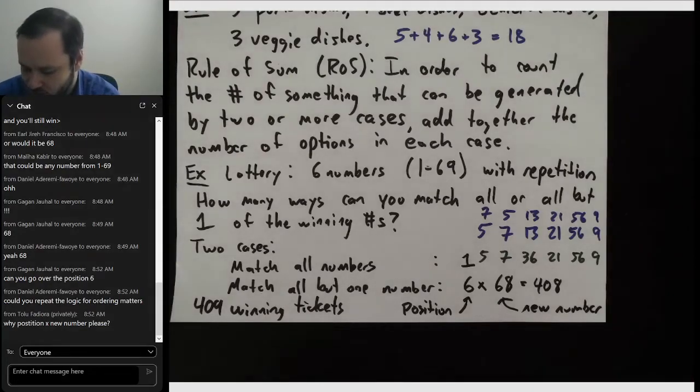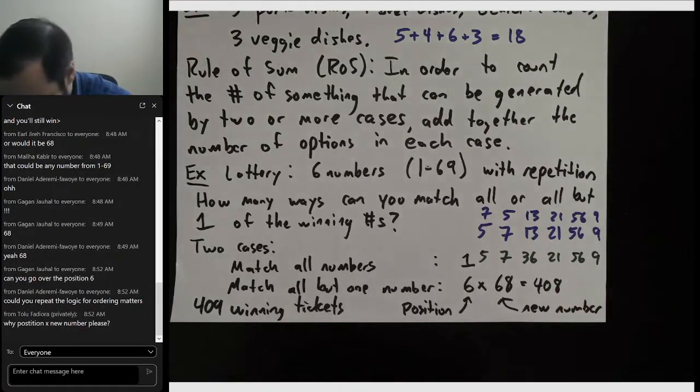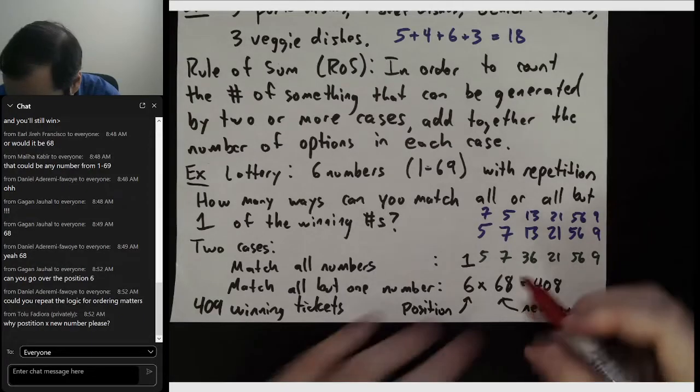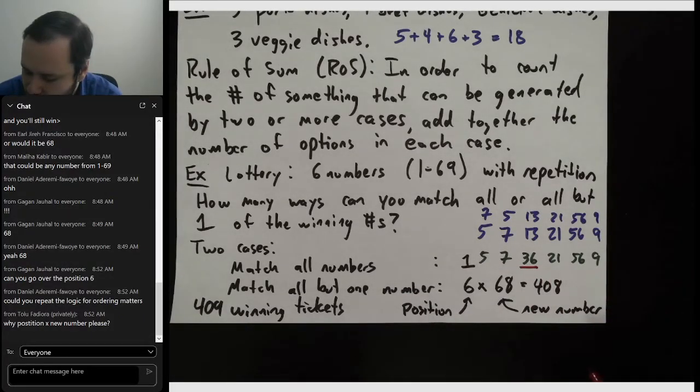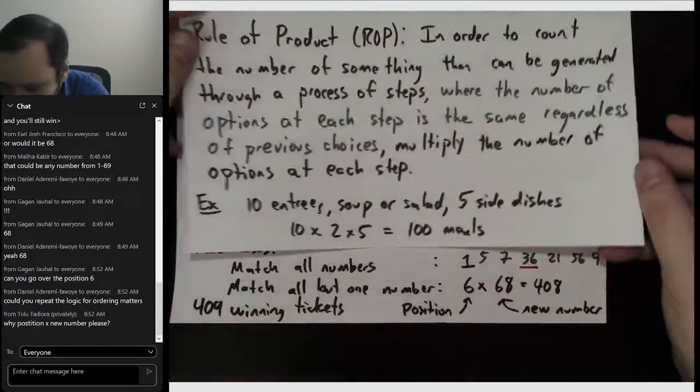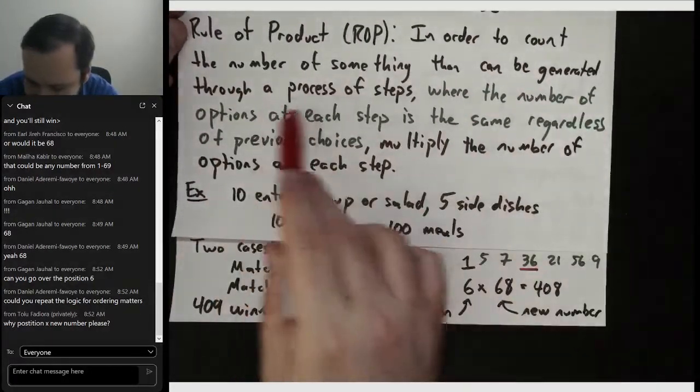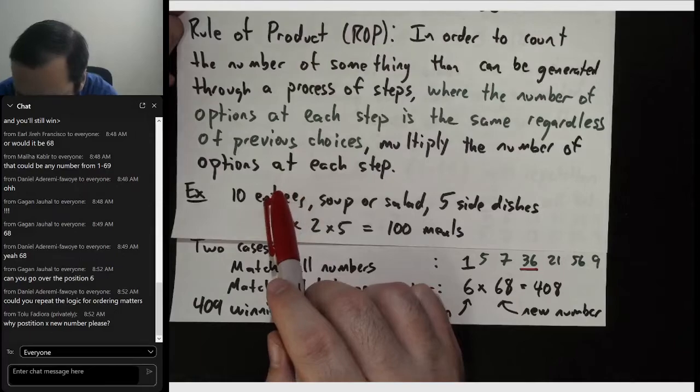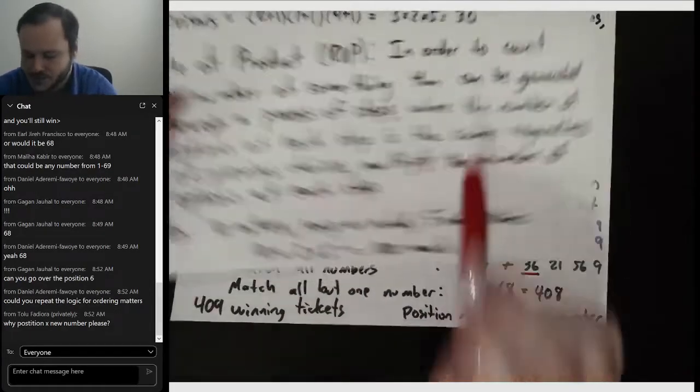That's my 2-step process. Step 1 was pick a position. Step 2 was pick a new number. So the rule of product says if I can break things down into a process of steps, I multiply the number of options of each step.